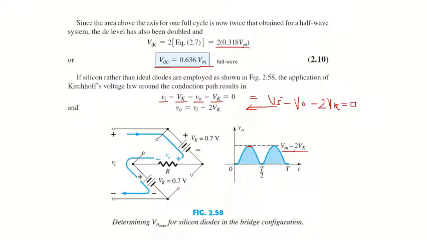Let Vm be equal to 20, and then the maximum value will be 20 minus 1.4, which is equivalent to 18.6. So this is the maximum potential we are getting in the bridge network when we are using silicon diodes instead of ideal diodes.